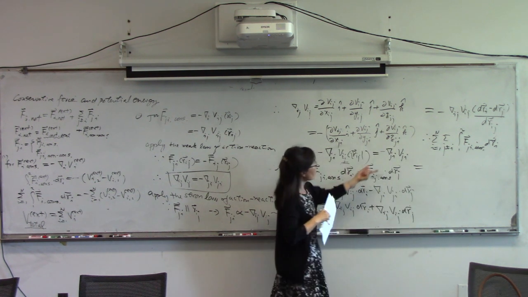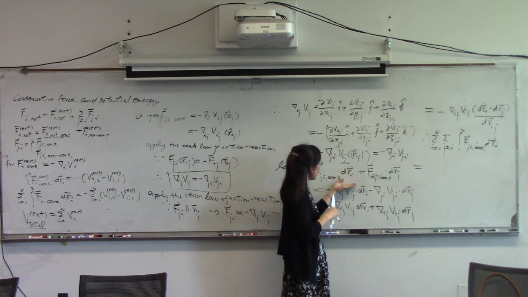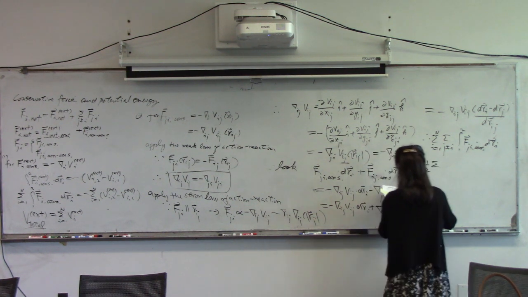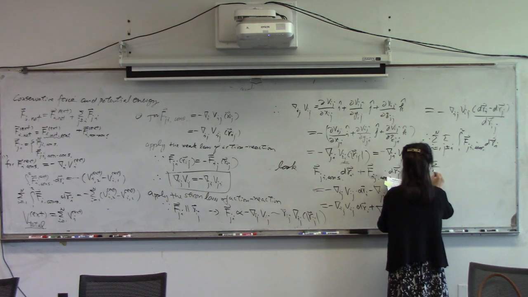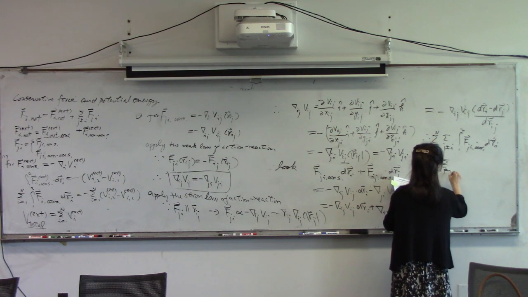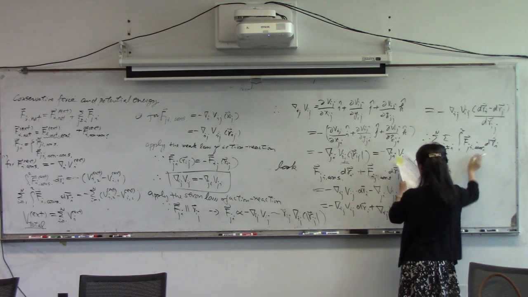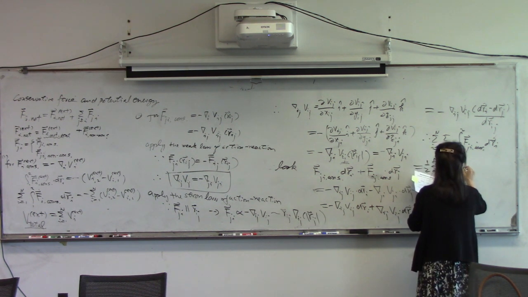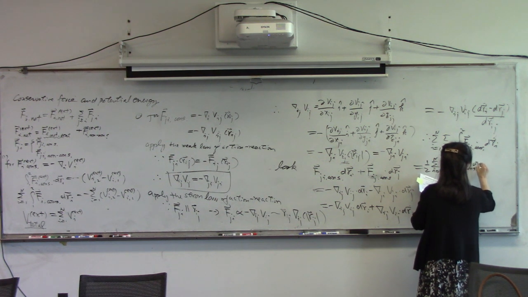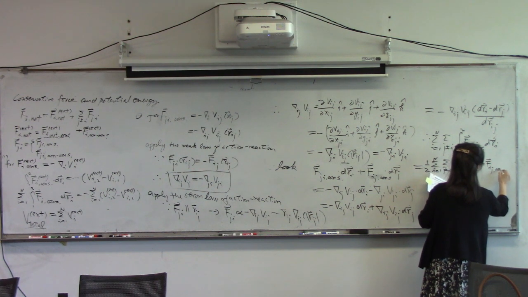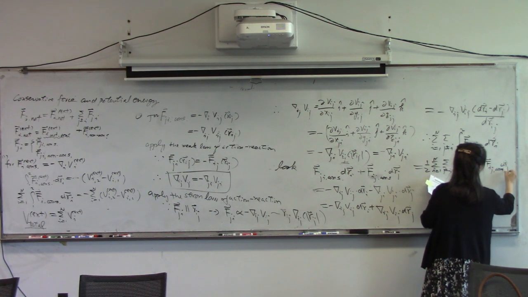When we extend this summation as a pair, we have a half of i from 1 to n, and j not equal to i. Let me just write down the intermediate. So now this is the Fji conserved force dri, and this is the Fij conserved force drj.